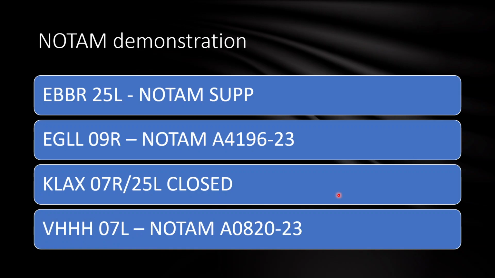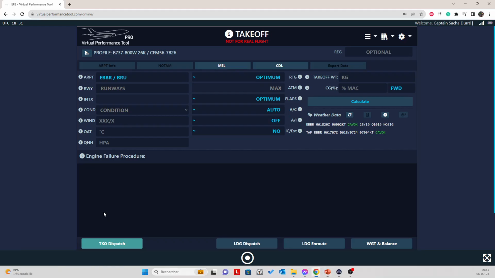Next, I would like to do some demonstration by going to the tool, and we're going to have a look at 4 examples of NOTAMs. The first one we're going to look at is Brussels 25 left NOTAM SIP. So this is VPT 1.0.0.